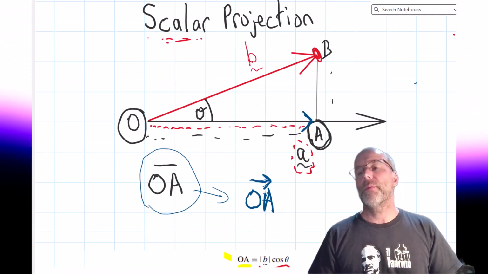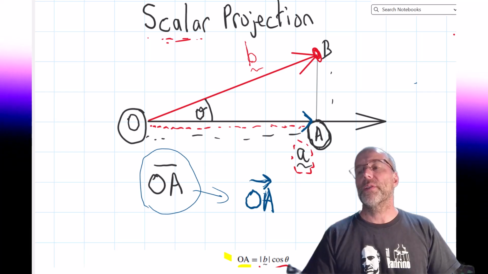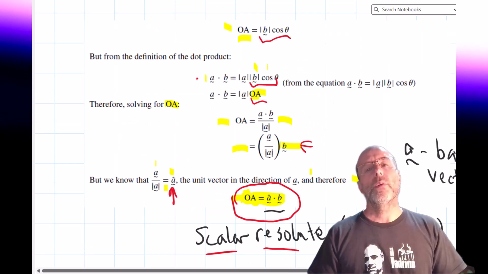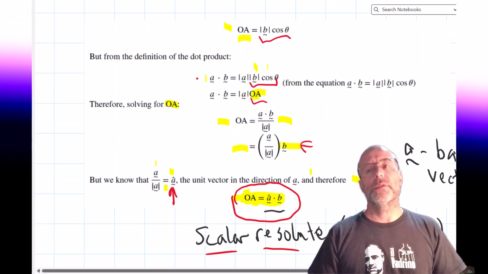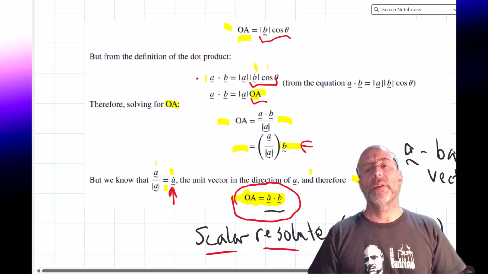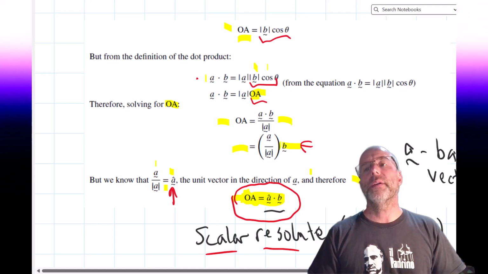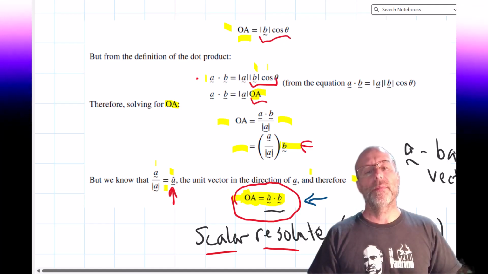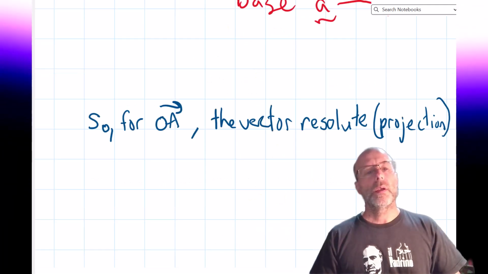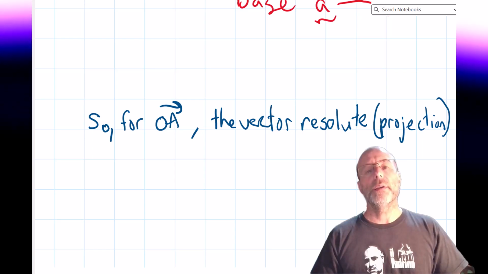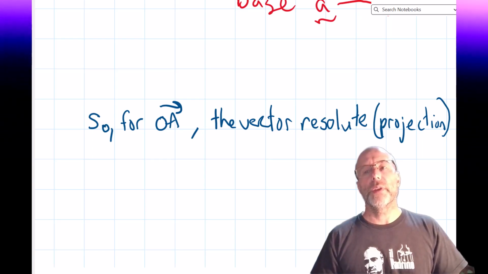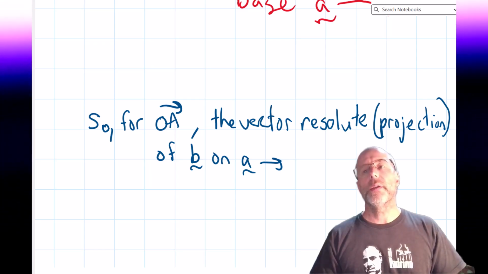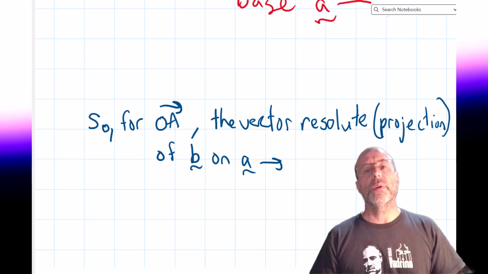This stems from what we saw in the previous video. The scalar resolute of B on A was derived last time around. You can see that there. B on A, and our most useful result is that there. So for vector OA, the vector resolute or vector projection of B on A is given by the following.